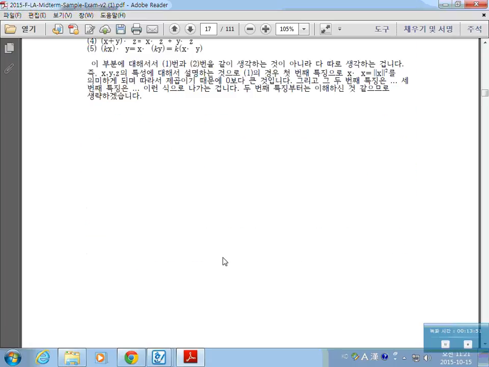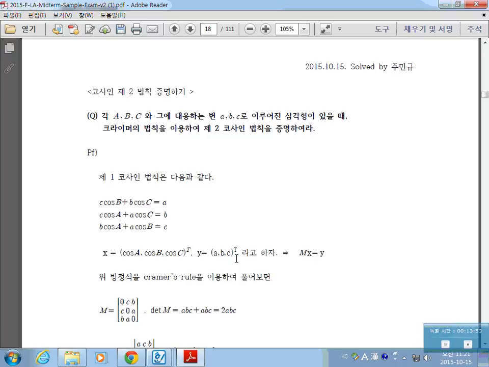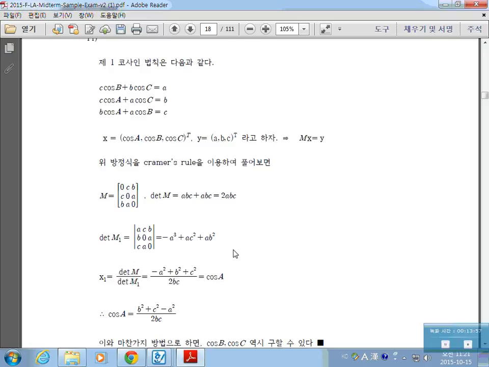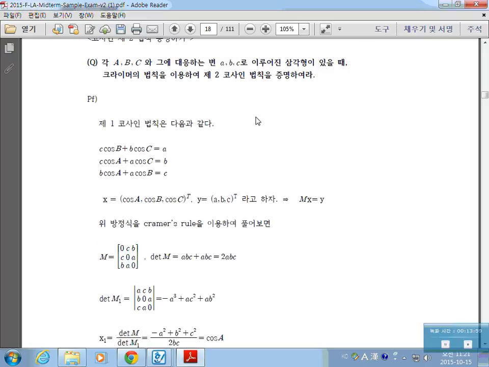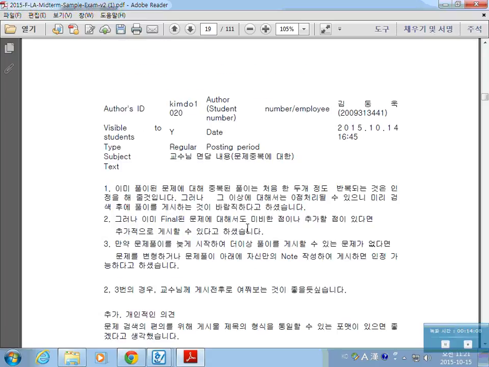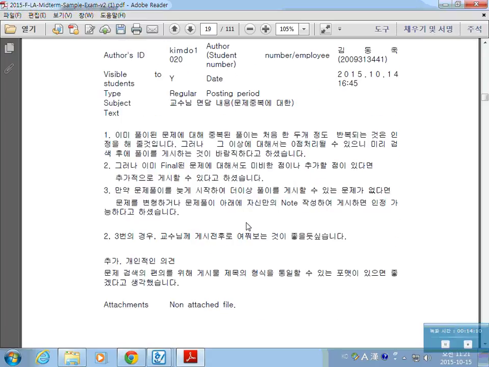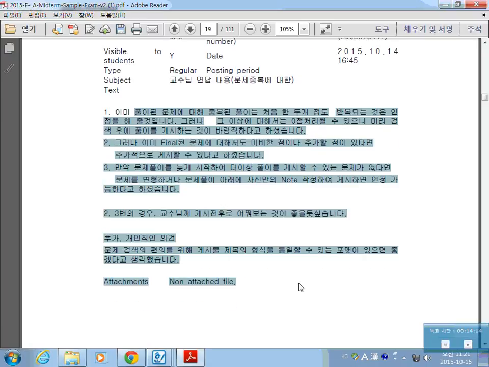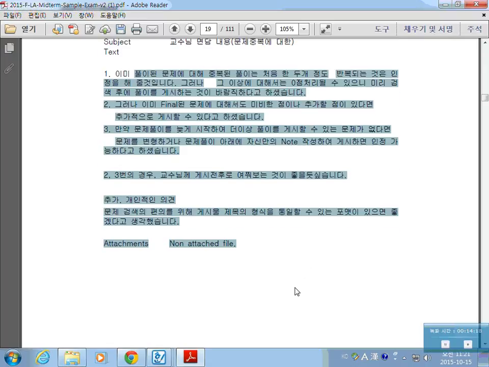And Ju Min-gyu also added another way of showing the second law of cosines by using Cramer's rule, but this is not essential. And Mr. Kim Dong-wook added a comment that he thinks is important.